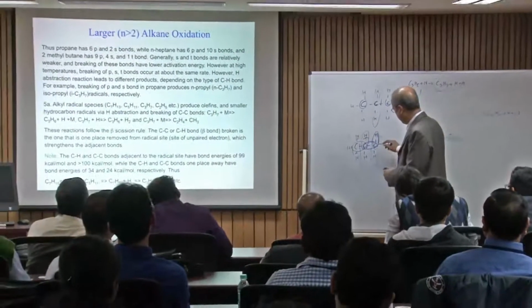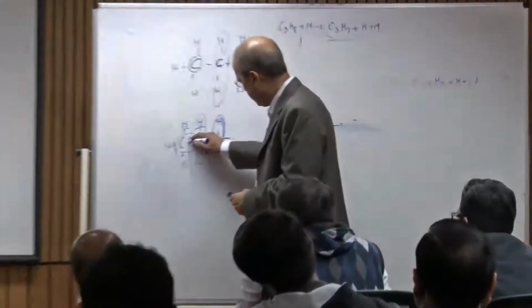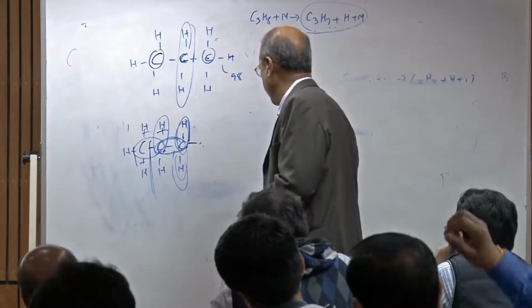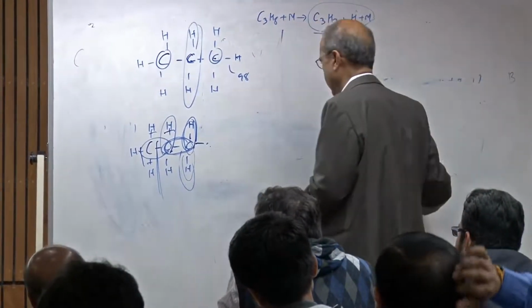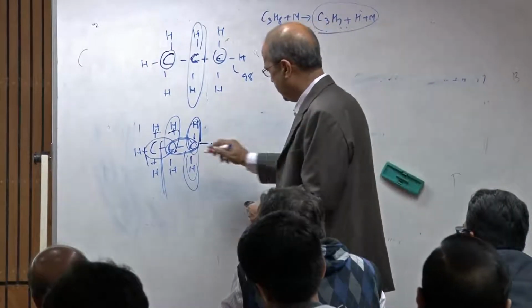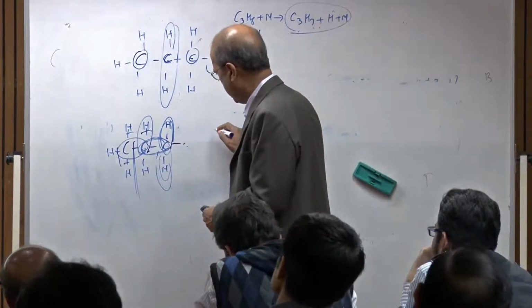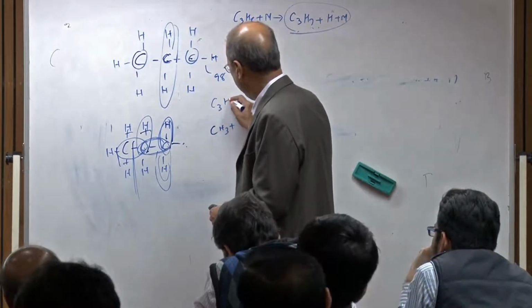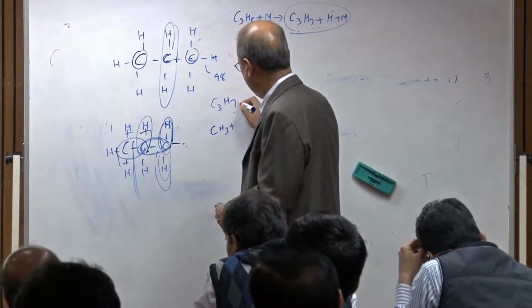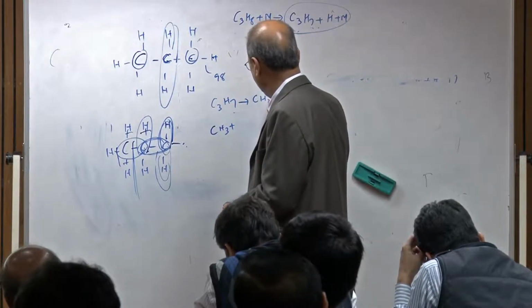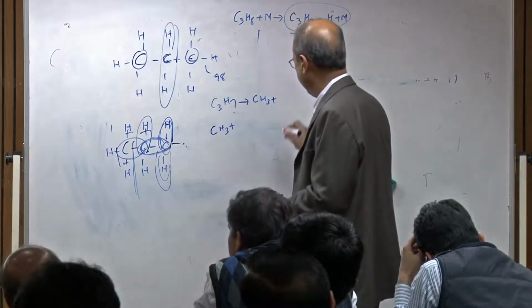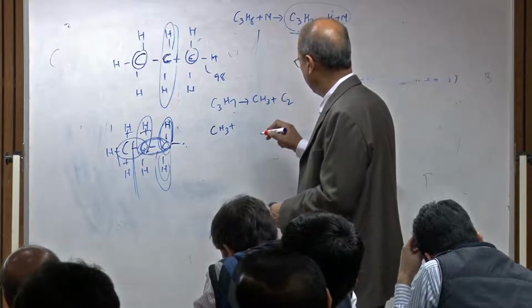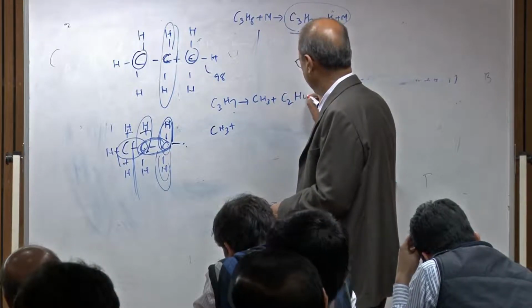So for example, if this CC bond breaks, what do we get? We are breaking this CC bond, so you'll get CH3. So C3H7 will go to CH3 plus C2H4.